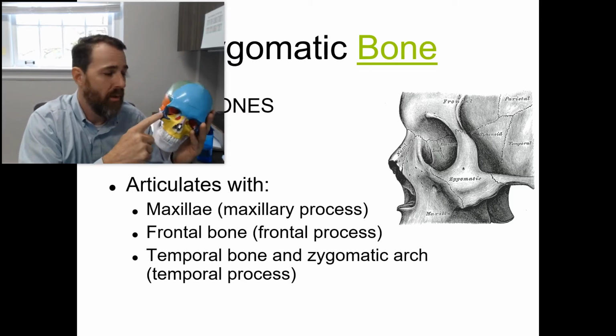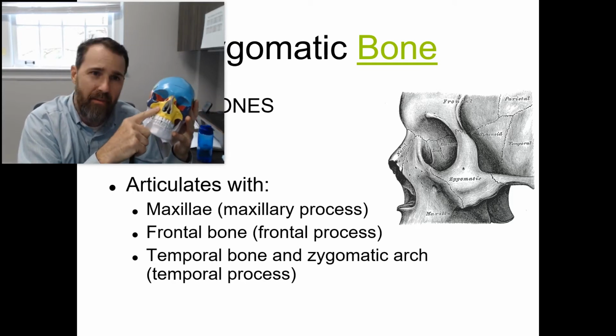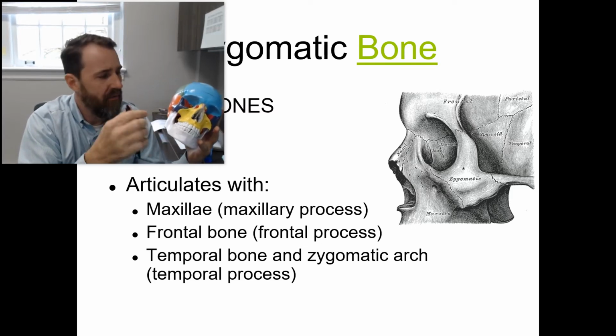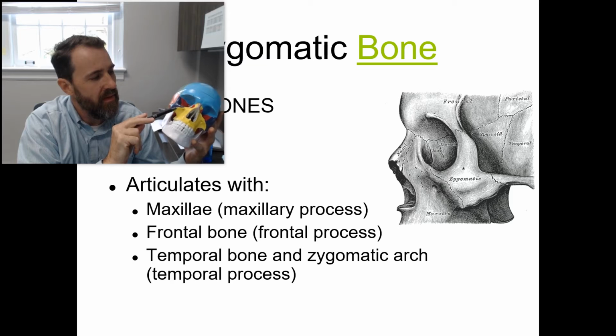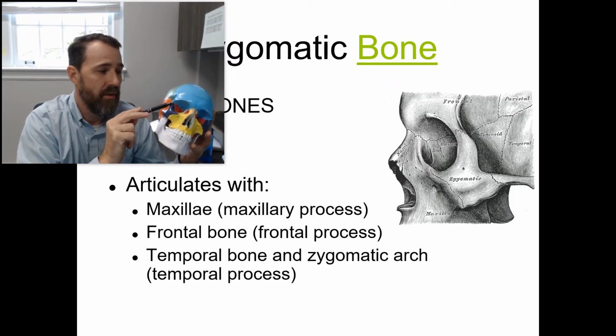So the zygomatic bone articulates with the maxilla at what is known as the maxillary process of the zygomatic bone. That is just this part here that articulates with the maxilla. It articulates with the frontal bone at what is known as the frontal process of the zygomatic bone.